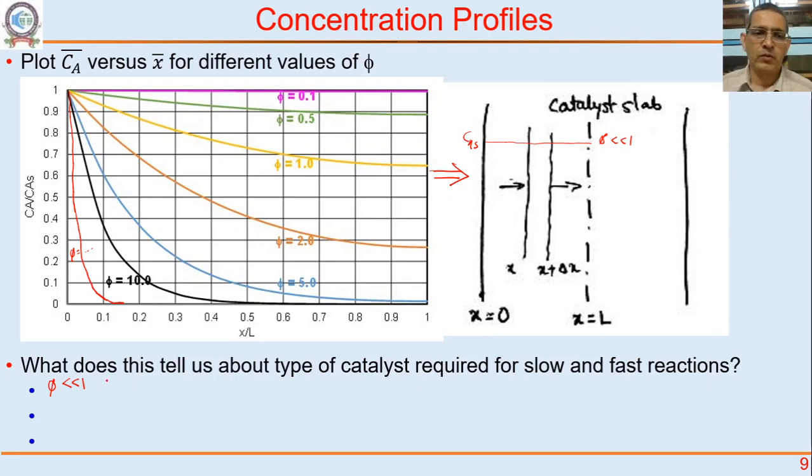So we want active sites to be distributed throughout the catalyst particle. Otherwise, if they are not distributed throughout the catalyst particle, there will be no reaction where there is no catalyst. So you want palladium to be present everywhere inside the catalyst.